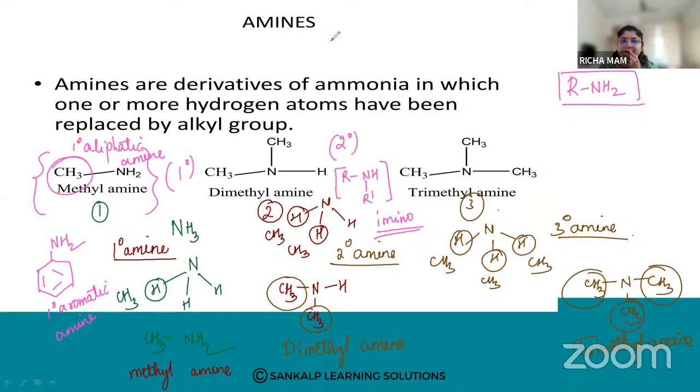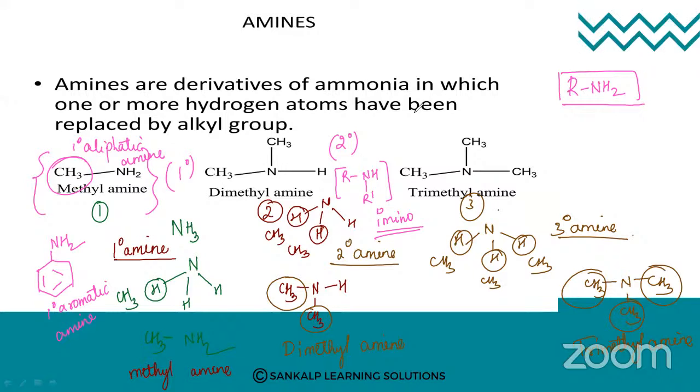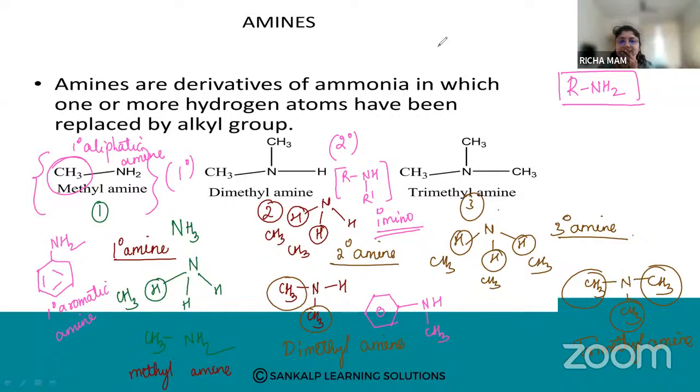So here we have seen one example, a secondary aliphatic amine. Now we will give one aromatic amine. One of the R groups will be a benzene ring, and the other R group is a methyl group. Can you tell me the name, students? Try to give the name of this compound.